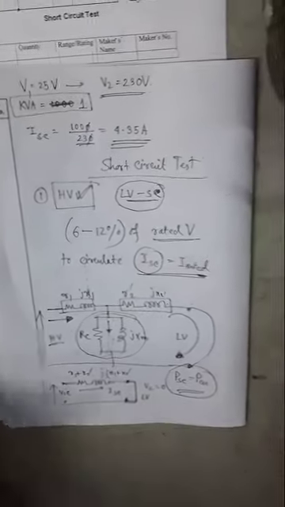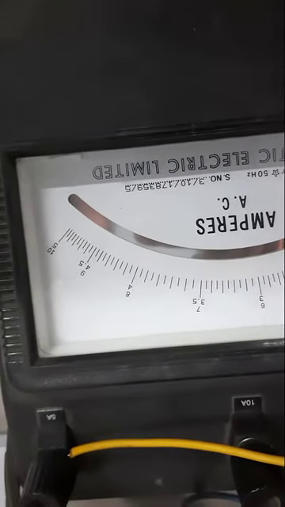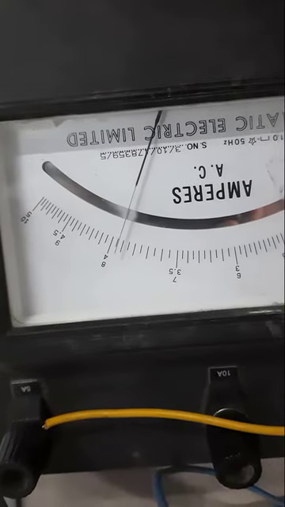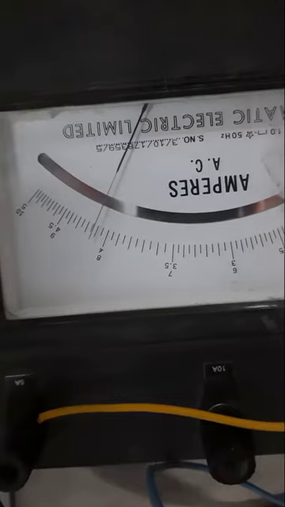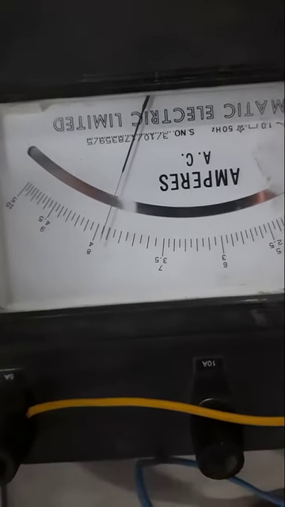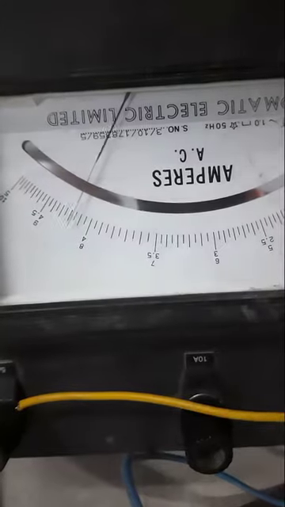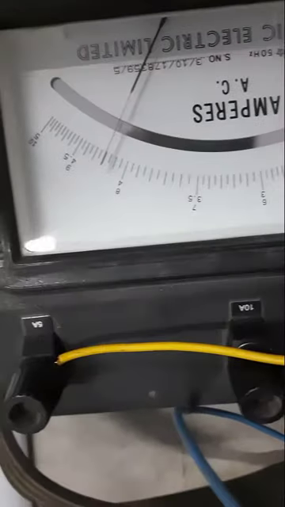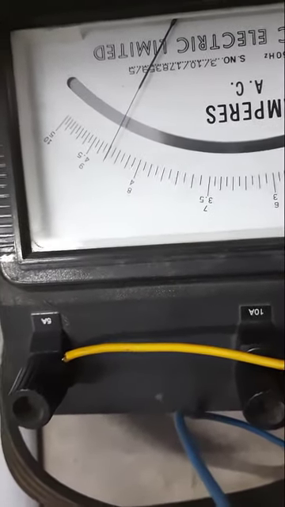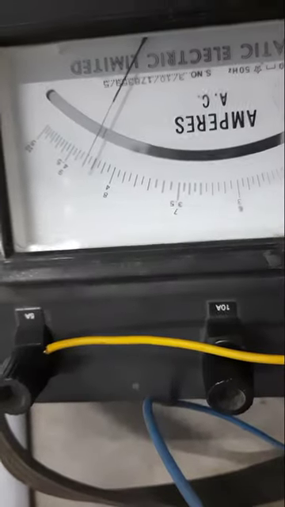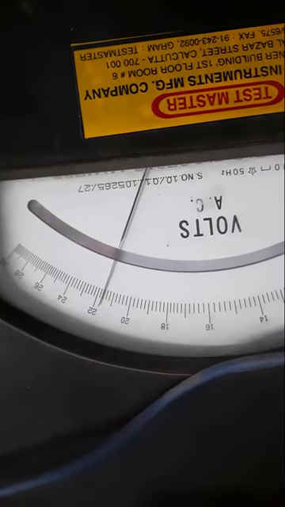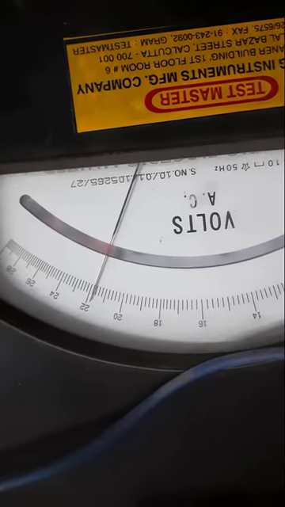So let us perform this experiment. We will set the ammeter current to 4.35 ampere, that is the rated current of the high voltage side. At 4.35 ampere, the voltmeter reading is coming out to be 21.22 volt, around 22 volt.